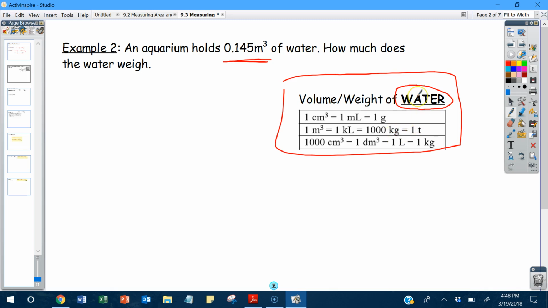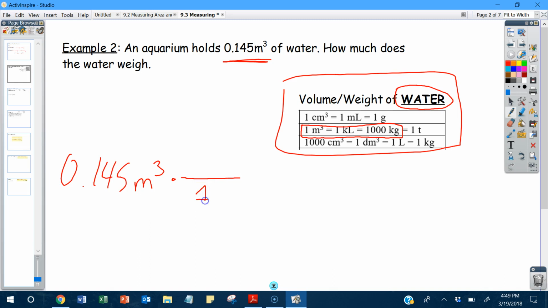So with that being said, I guess we can use any of these. I guess we can use this one right here. We have cubic meters, and we want to go to maybe kilograms. Why don't we go to kilograms? So we'll do 0.145 cubic meters, and then I want to multiply it by a unit fraction.